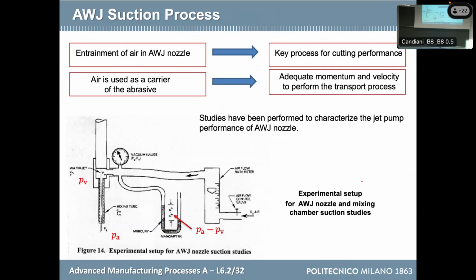And I will tell this in the micro application, because what we did for counteracting this phenomenon was pushing air from the top. We drilled a hole laterally in the mounting of the orifice in order to inflate air, in order to clean the wall of the orifice from droplets.